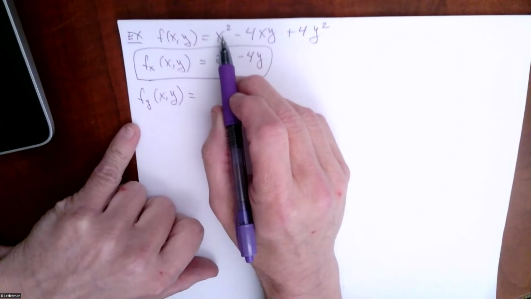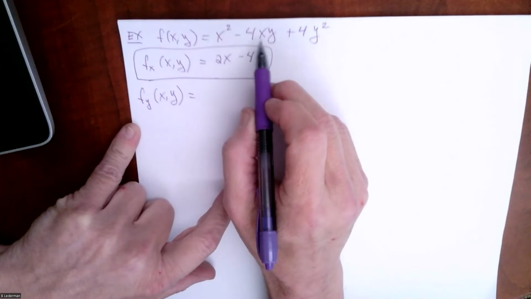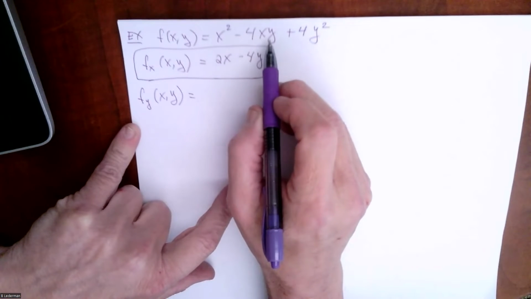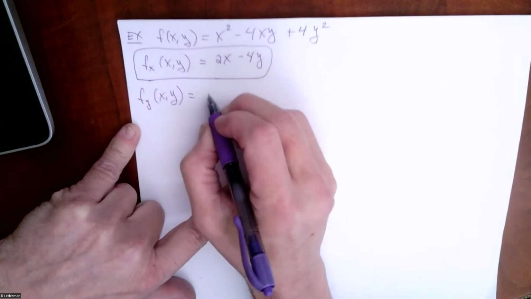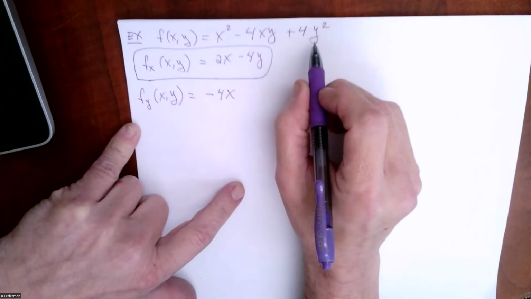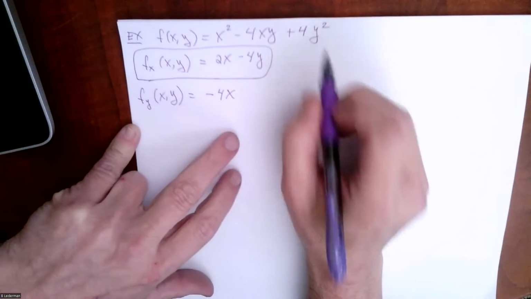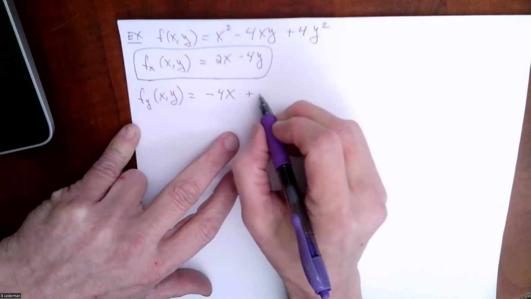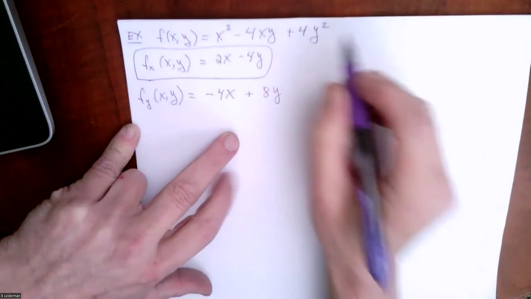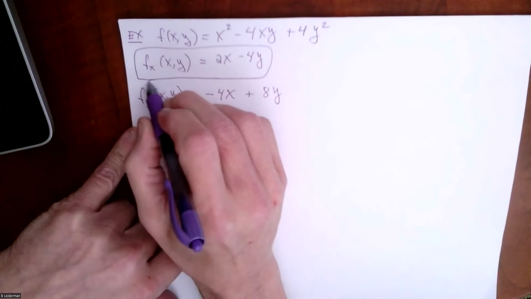So since it's a constant, the derivative is 0. Here, again, the x is a constant, so it's minus 4x times the variable y. So the derivative is just minus 4x. And over here, we have y without any x, and that's the variable. So that's going to be plus 8y, because that's the derivative of 4y squared. And that is the answer.